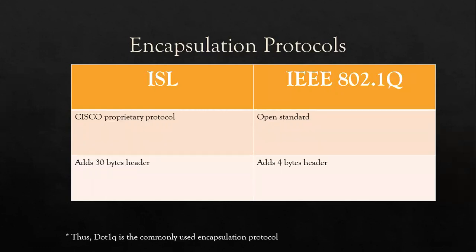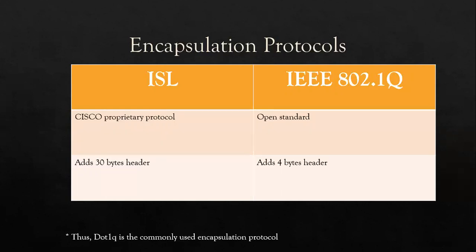ISL is a Cisco proprietary protocol, and IEEE 802.1q, or simply .1q, is an open standard IEEE protocol. ISL adds 30 bytes of header, whereas IEEE 802.1q adds 4 bytes of header. This header is the tag. The tag of the VLAN is added, which is called VLAN tagging, and that is done by these protocols.